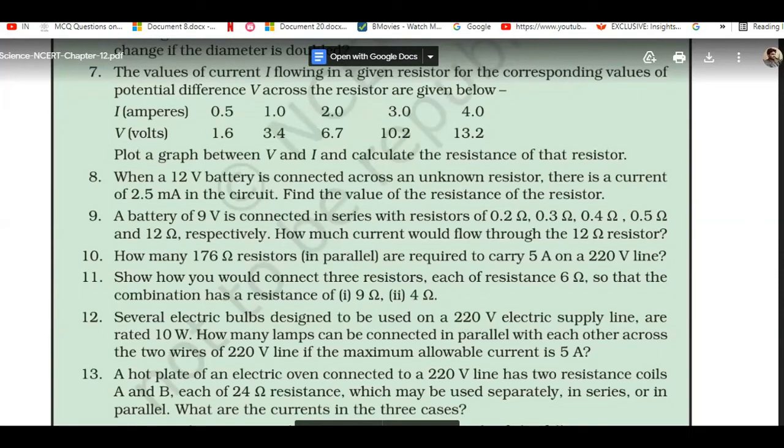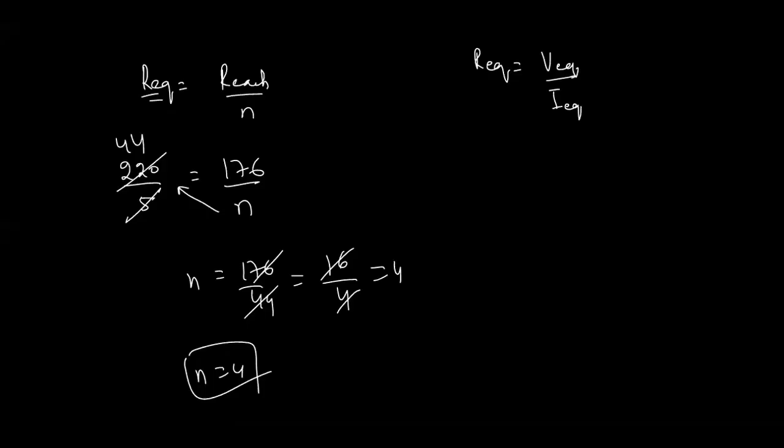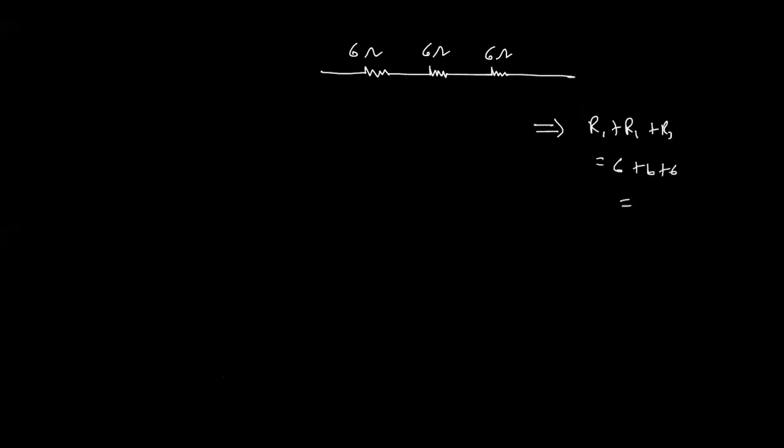As I have already told you, if I connect all the resistors in series, they will add up. With 6 ohm, 6 ohm, 6 ohm, the total equivalent resistance will be R1 plus R2 plus R3, that is 6 plus 6 plus 6, which is 18 ohm.